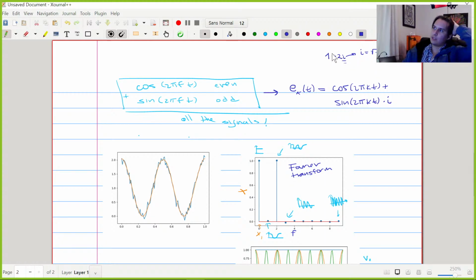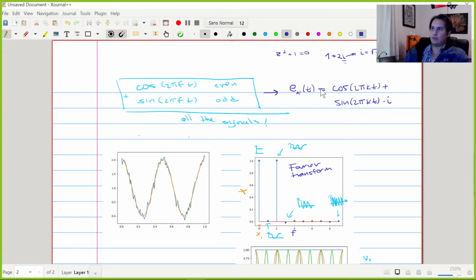The complex numbers are useful because you can represent the solution of more equations with them. With real numbers, for example, you cannot represent the solution of this equation, but you can do it with complex numbers. And that also applies to functions, and you can define functions with real and imaginary parts.